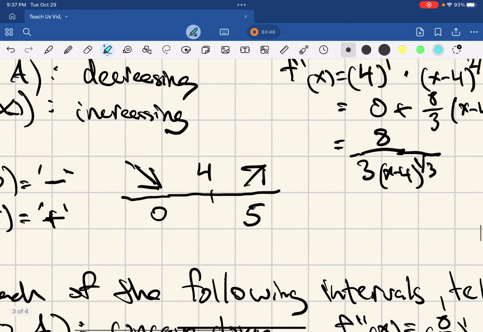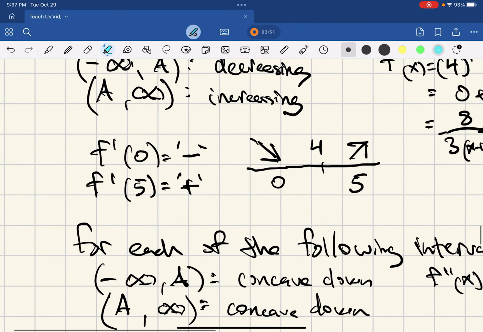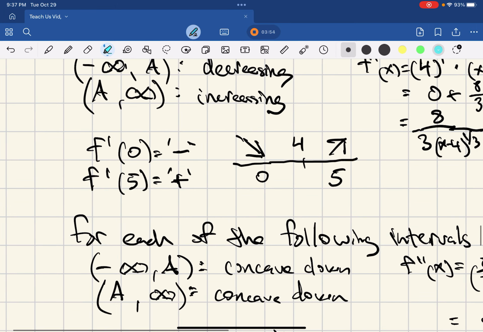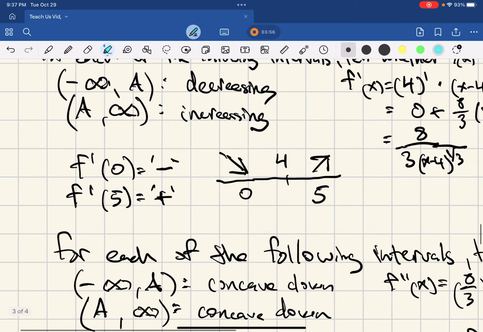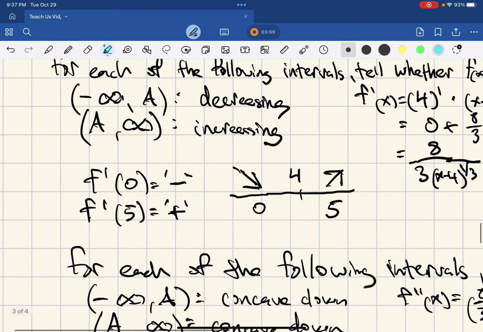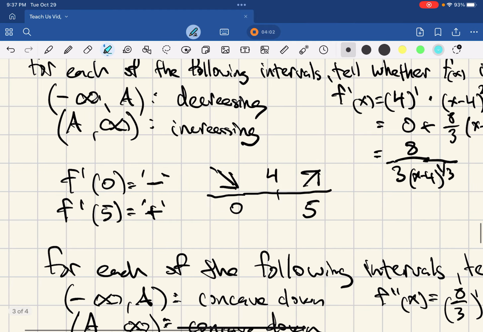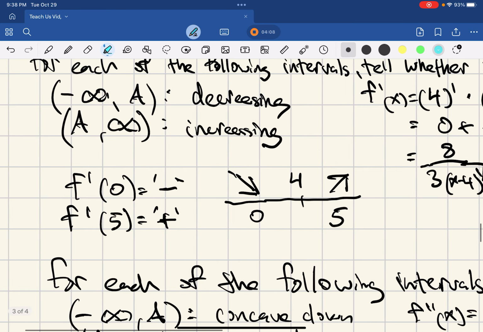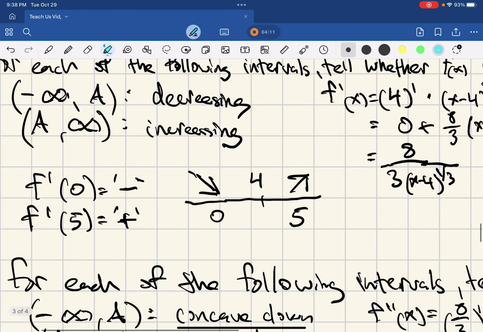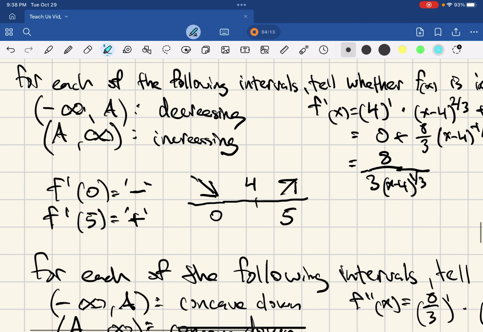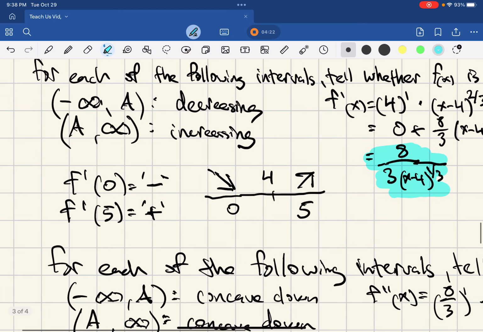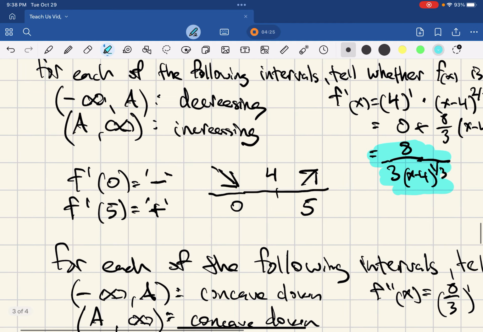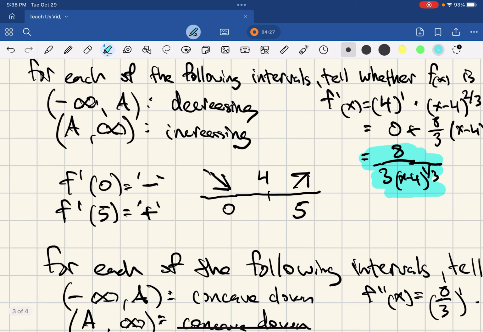You're not looking for a specific number in mind. What you're looking for is to see whether the value you get is positive or negative. So when I plug in f prime of 0, I get a negative value, and f prime of 5, I get a positive value.